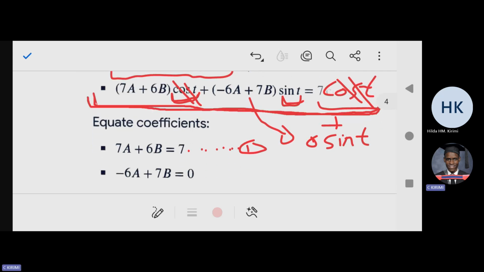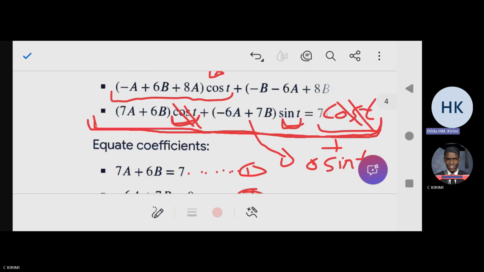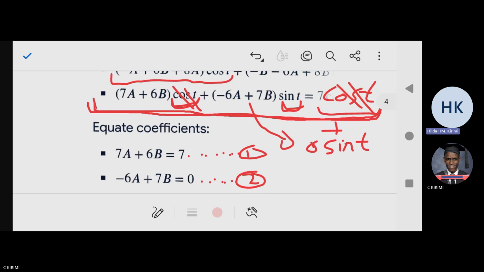It must give you 0, isn't it? That is your equation number 2. Do you know how these equations have come from? Yes, that's what I'm writing now.